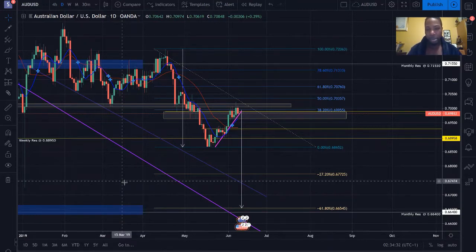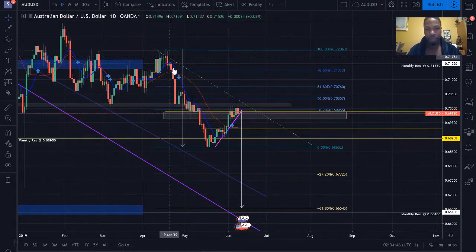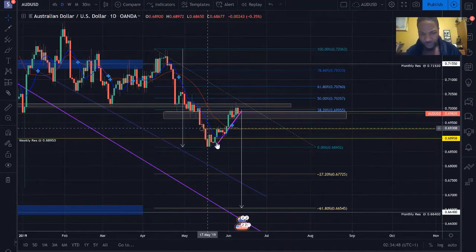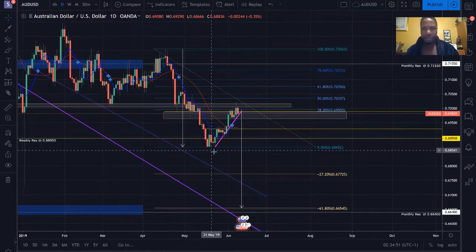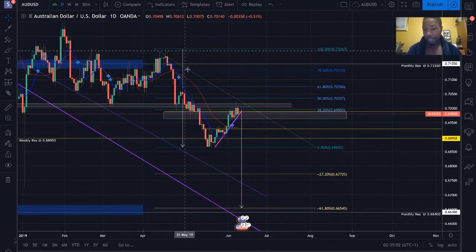week or so. All right, so I've put on a Fibonacci, and we can see we had this drive down from 0.72 roughly, and drove down about 350 pips to 0.6865, and I'm expecting a similar drive down.